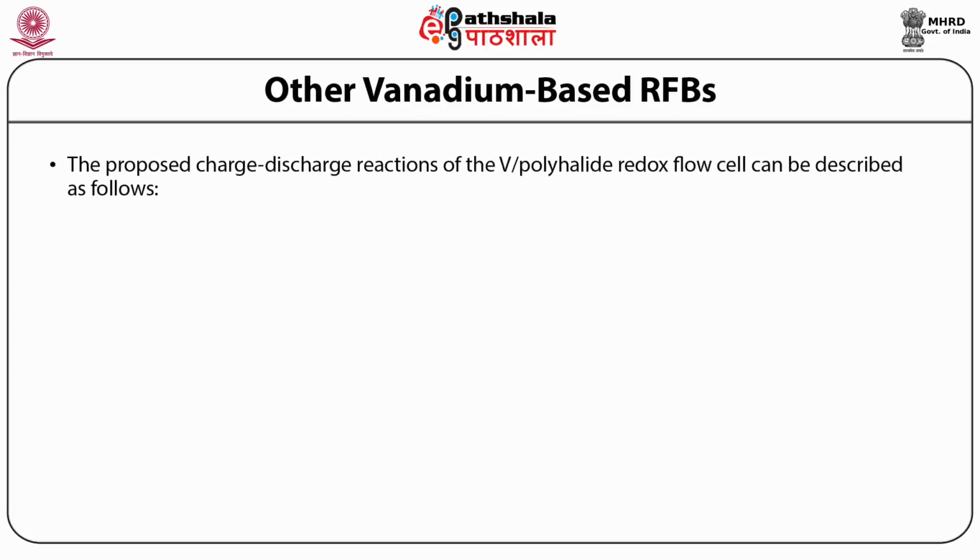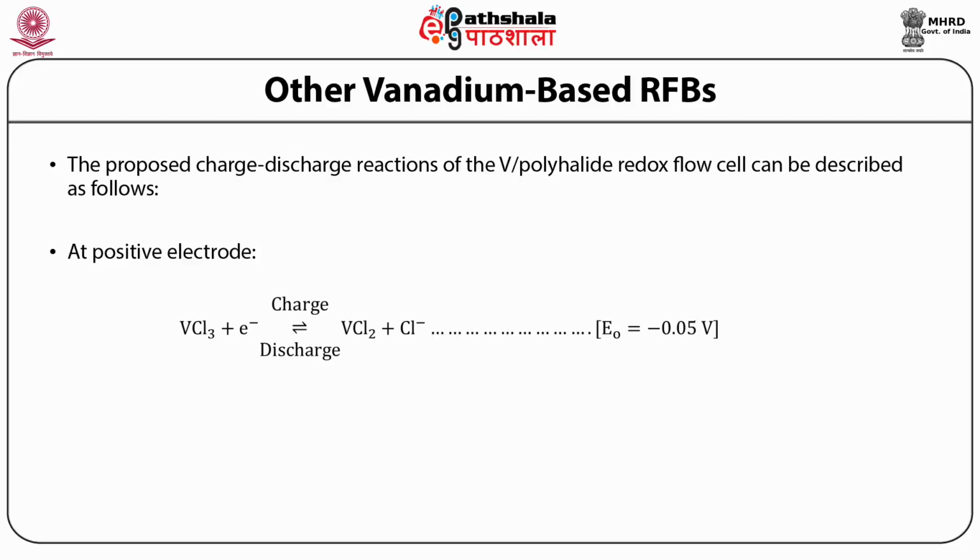The proposed charge-discharge reactions of the V polyhalide redox flow cell can be described as follows. At the positive electrode, VCl3 + 1 electron charges or discharges to give VCl2 + Cl-, with E° equal to -0.05 volts.